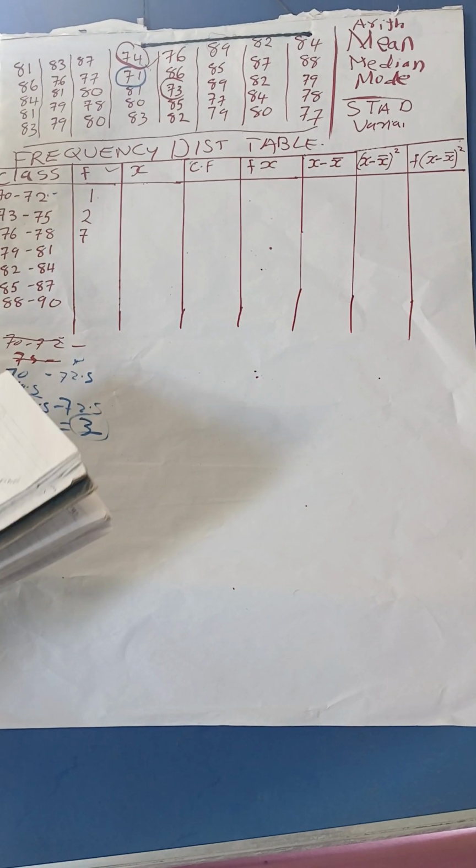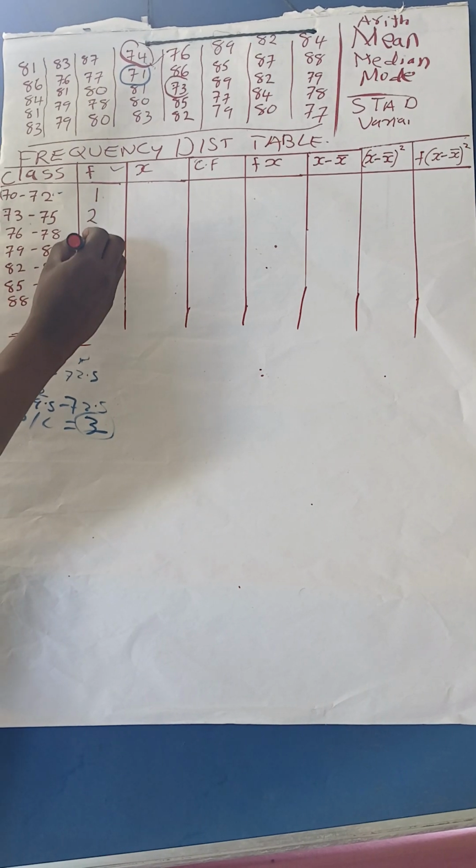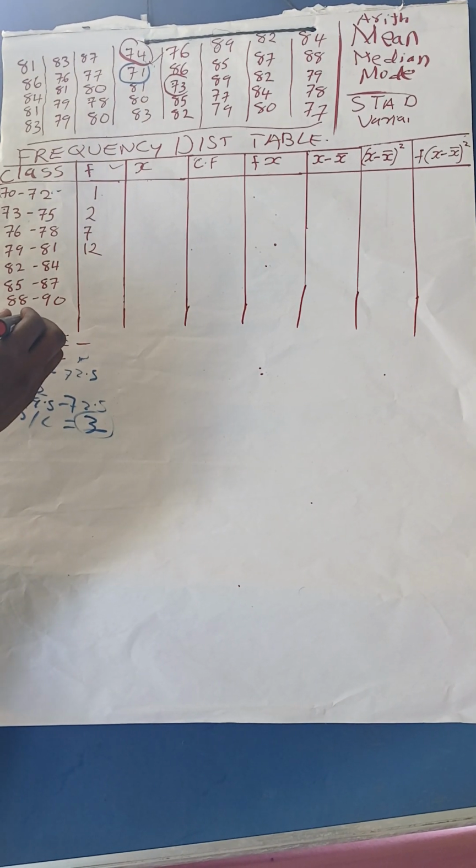Then 79 to 81. You realize we have 12. Then 82 to 84.